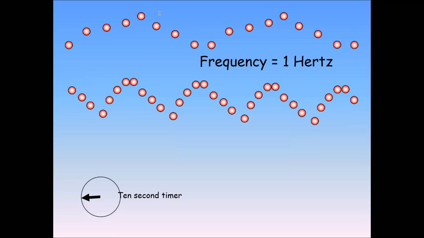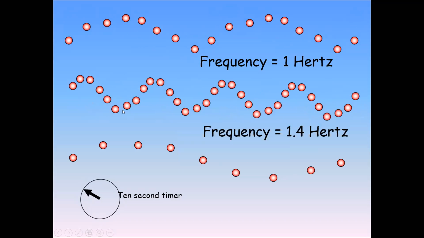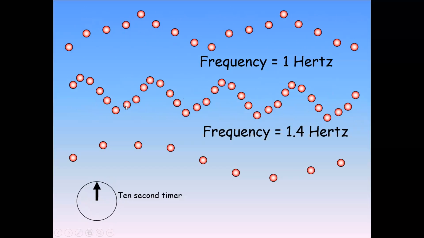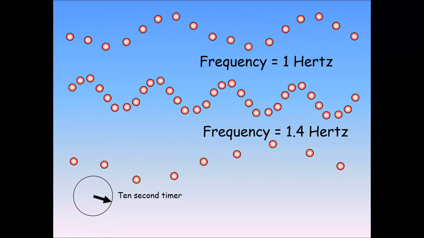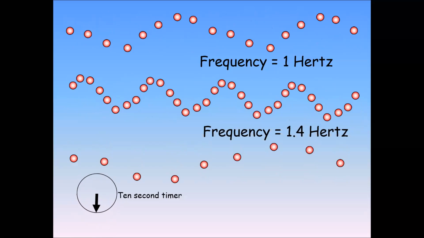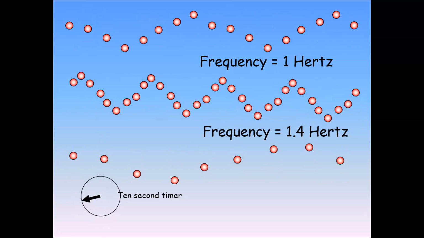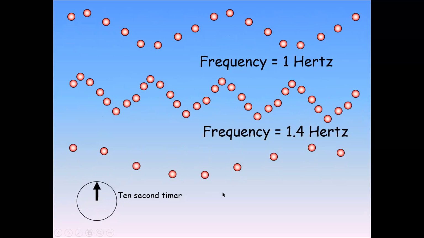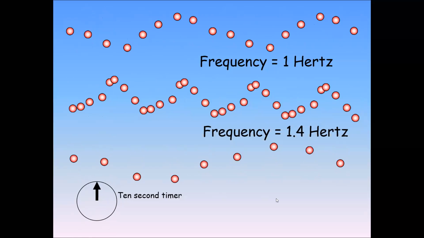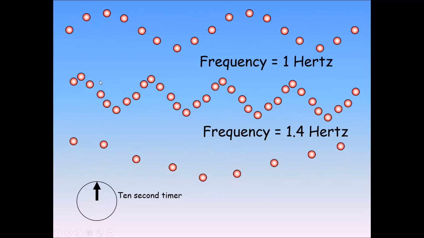Now, what about the third one, which is a slow vibration you can identify easily? What about the number of vibrations in the third one? How many vibrations in the 10-second timer?